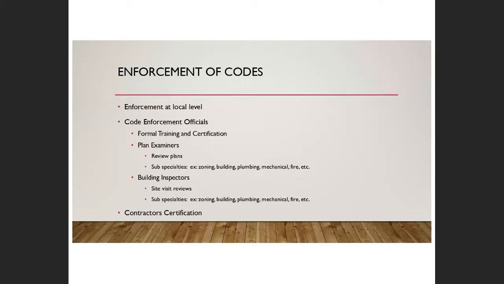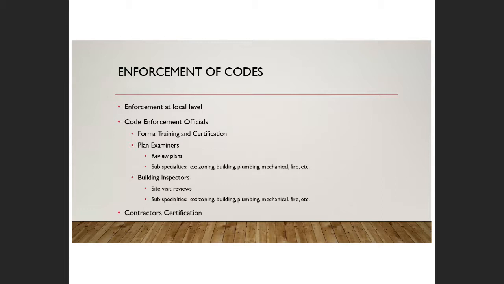Again, we talked about the analogy of a speed limit, a law, and the enforcement of the law. So the enforcement of the codes takes place at the local level. There are two sets of code enforcement officials. The first would be the plan examiners.